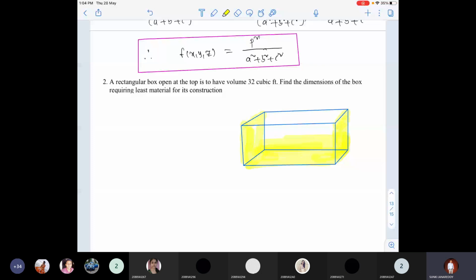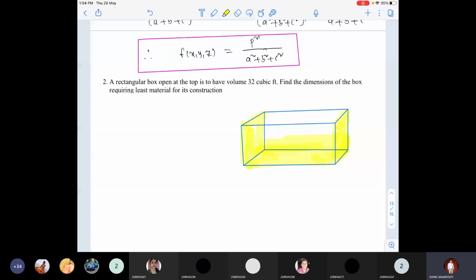That you should also observe now. Rectangular box open at the top.